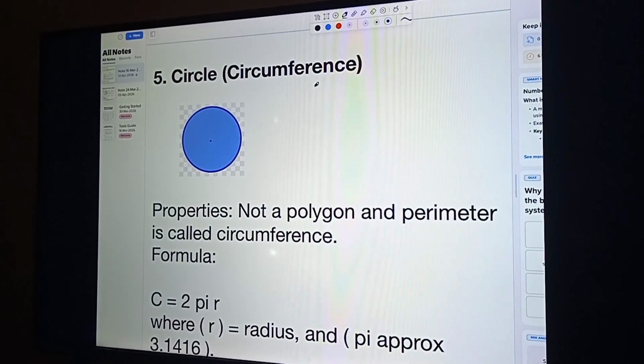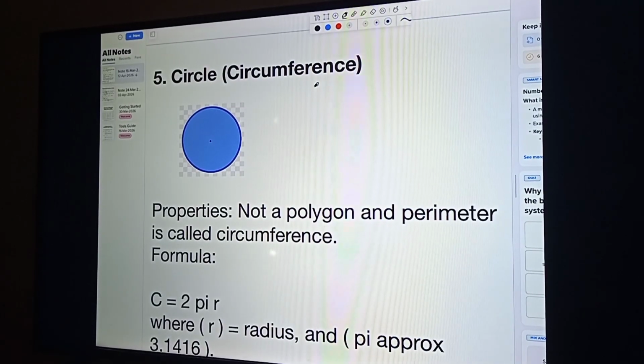Our next shape for the perimeter calculation is a circle. As a circle is not a polygon, we call the perimeter a circumference.